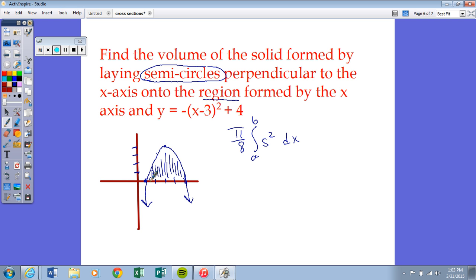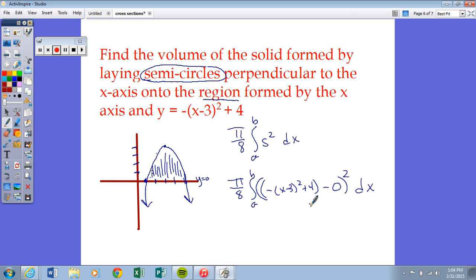And that just means this equation minus this equation. And if you're at the axis, that is an equation y equals 0. Okay, that's just 0. So A to B, and so my S is going to be the top equation minus 0, and it's going to be all of that squared, okay?